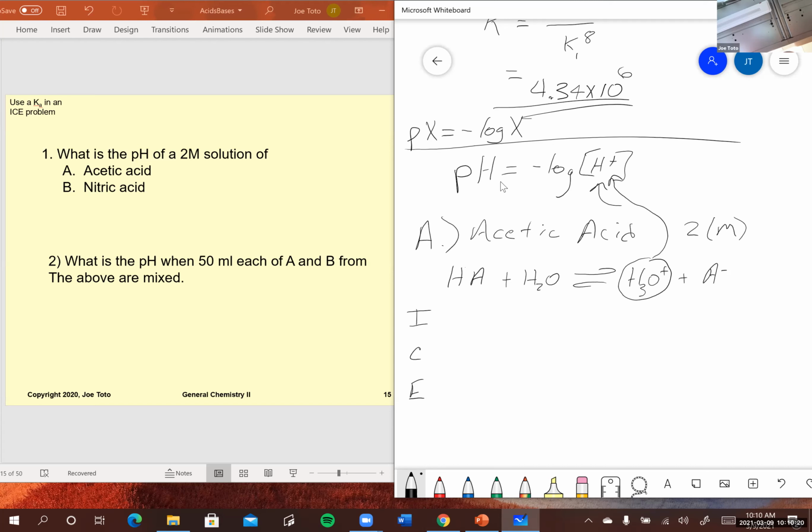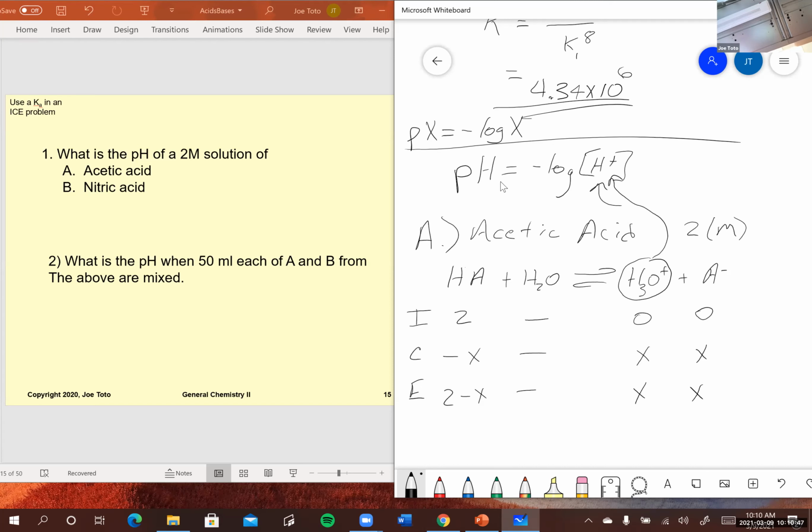So I can put this 2 here initially. I don't have to worry about the water because it's already incorporated into the equilibrium constant. I assume that when this was made initially, those products were 0, but then I formed some as time went on and the reaction goes to equilibrium and I lost some HA.